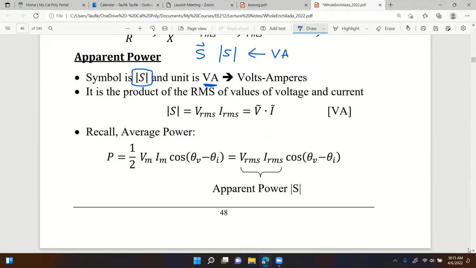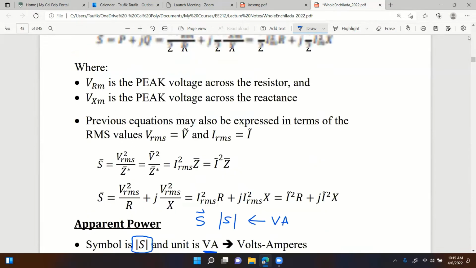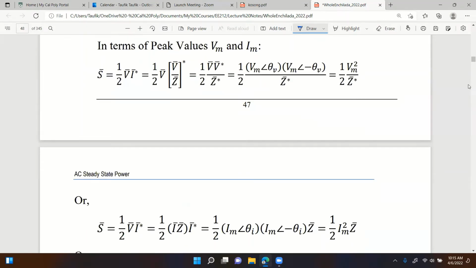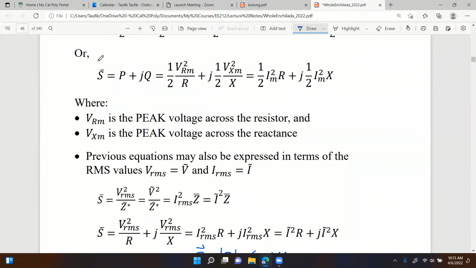For the equation for apparent power, there are several equations, but we also know from the previous equation right here. Let's start from here, and let me use a different page.